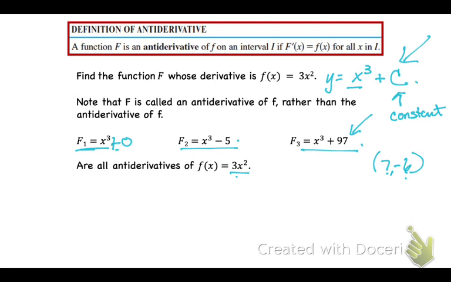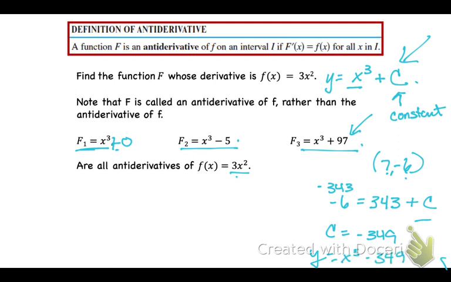Yes, because it would be negative 6 equals 343 plus c. So minus 343. So c would be negative 349. So y would equal x cubed minus 349. So if they give you the information to do it and ask you to find c, then you find c. But if they don't, you just put plus c. Make sense? Okay.